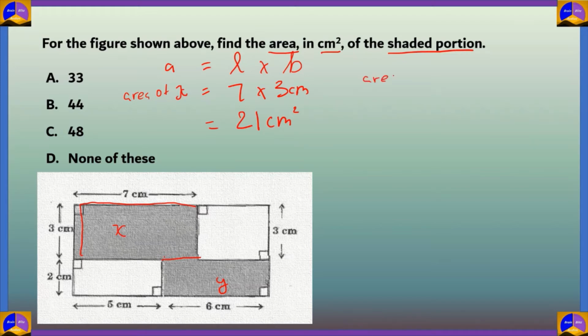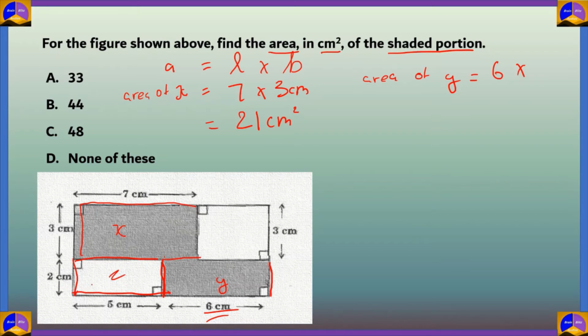Then you have to find the area of rectangle Y. Now we already know the length, which is given over here, 6 centimeter. 6 times. Now the breadth is given over here. Now let's see about this rectangle, which we will name rectangle Z. Now in rectangle Z, the length is 5 centimeter and the breadth is 2 centimeter.